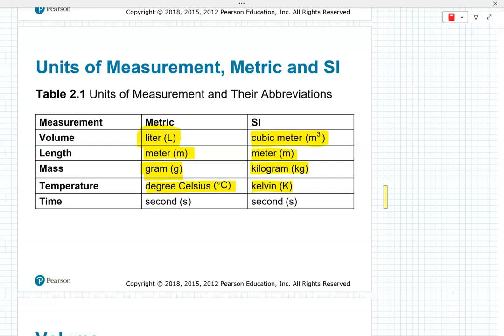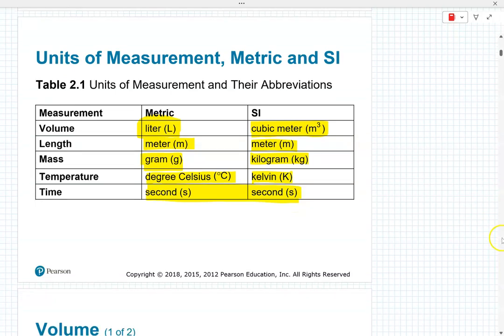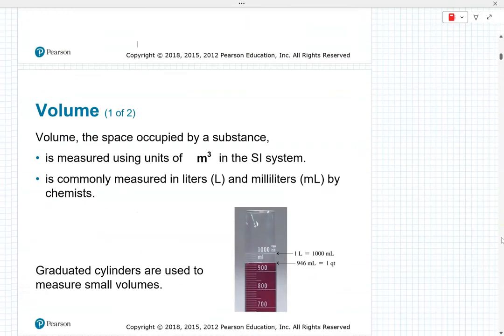When you use Kelvin, I can say that outside now is 268 Kelvin. 1 degree Celsius, size-wise, and 1 Kelvin are the same, but the zeros, the reference points, are different. We're going to talk about them. And the time is second. Okay? But units of time are universal in the world.